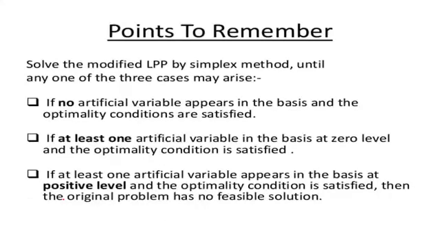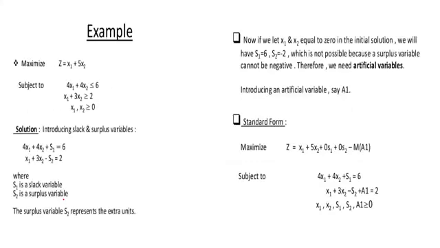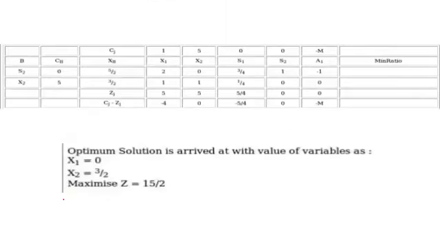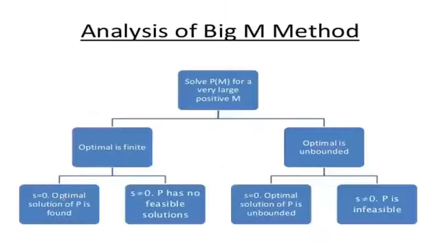These are the different points: no artificial variable appears in the basis and the optimality conditions are satisfied. Then, for at least one artificial variable the basis is at 0 level, and then bases at positive levels are given. Another example of the M method and its solution is given to you. The analysis of the big M method is done by solving the M method for very large data, where the optimal is finite or the optimal is unbounded.